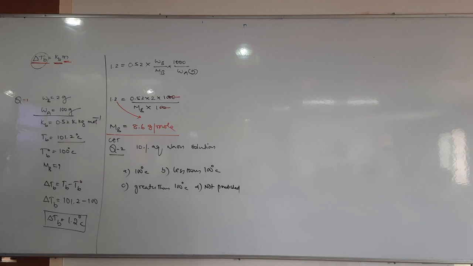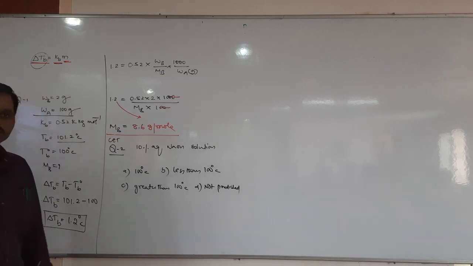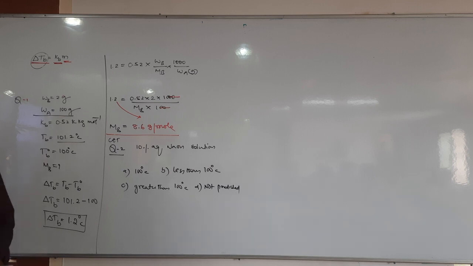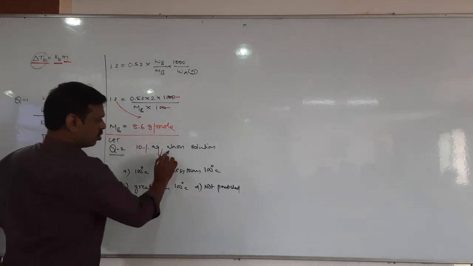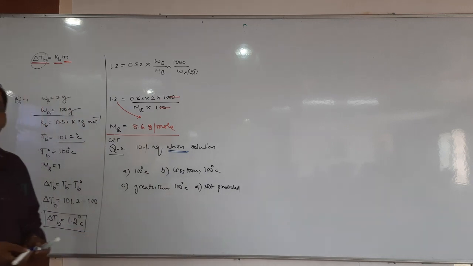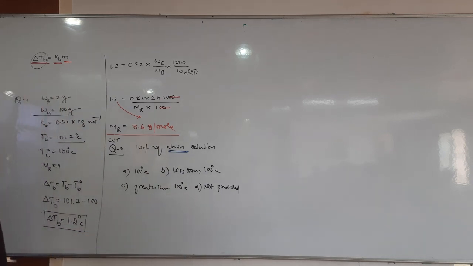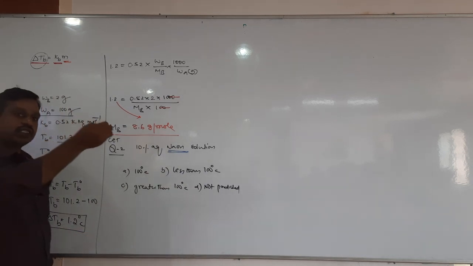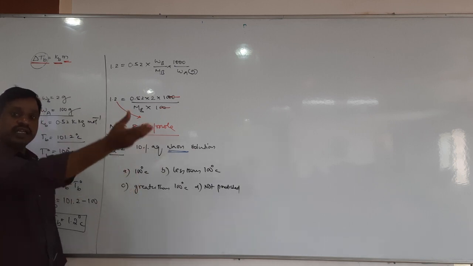Tell me, what is the boiling point of 10% aqueous sodium hydroxide solution? It is greater than. Why? Sodium hydroxide is a non-volatile solute. When a non-volatile solute is added to a pure volatile solvent, the boiling point increases.